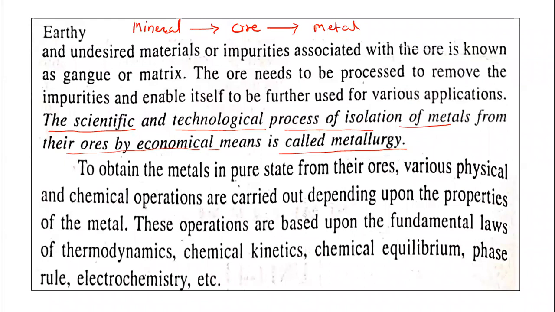In minerals a lot of undesired material, impurities, is present. It is associated with gangue or matrix. Gangue is unwanted impurity, unwanted material. So it is necessary to remove that unwanted part which is present in the ore.